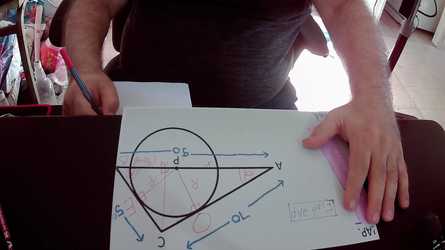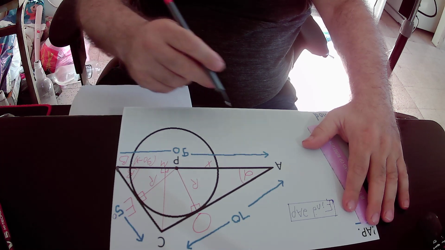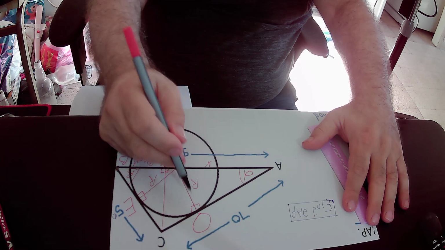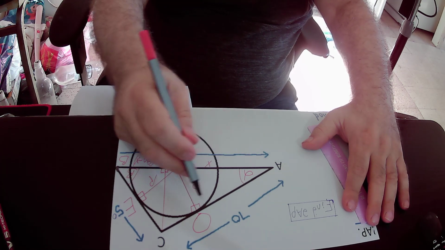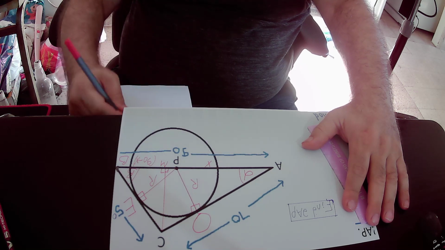So it is OP divided by the hypotenuse of the triangle AOP, and the hypotenuse of triangle AOP is actually AP.